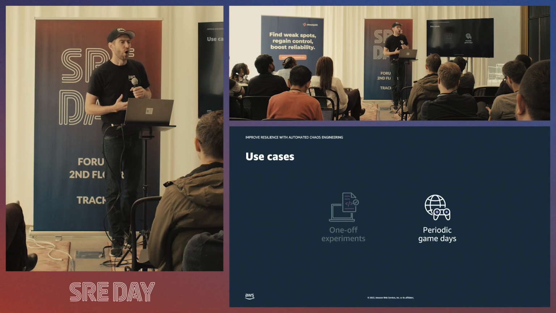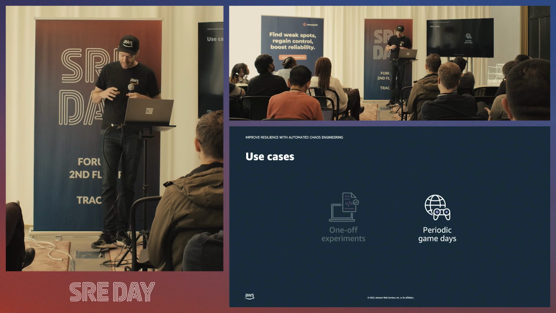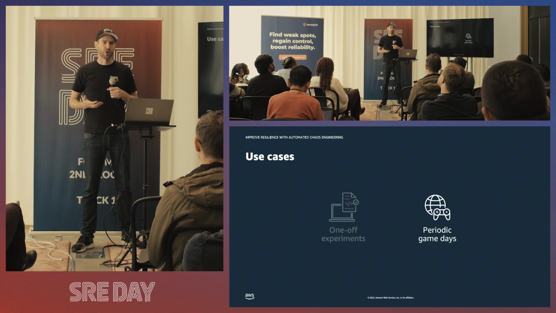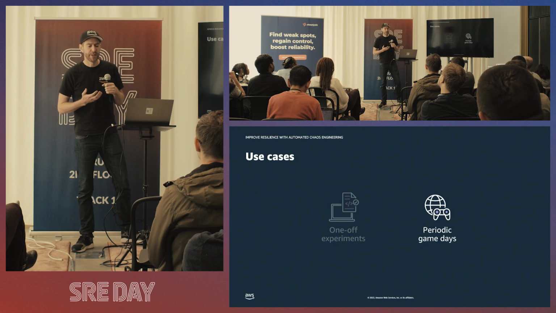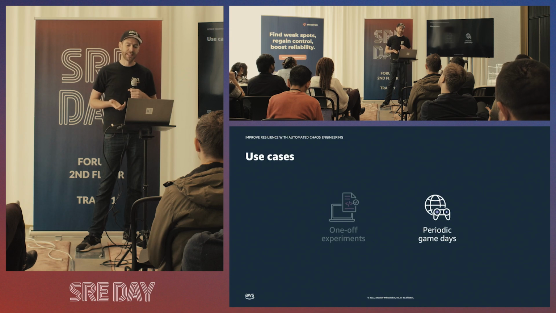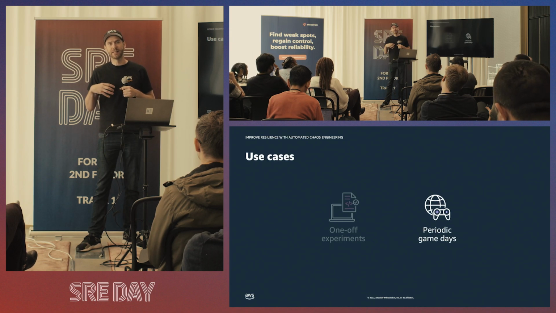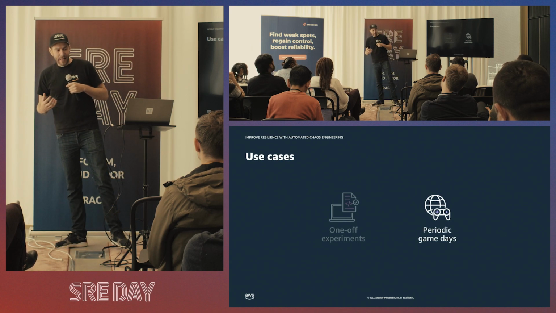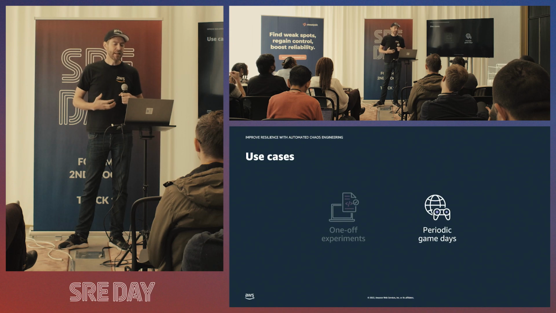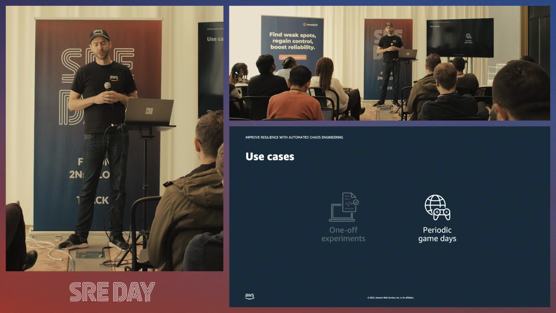The other common use case is to use chaos engineering as part of your game days. So a game day, if you're unfamiliar with it, is the process of rehearsing ahead of an event by creating the anticipated conditions and then observing how effectively the team and the system respond to those events.